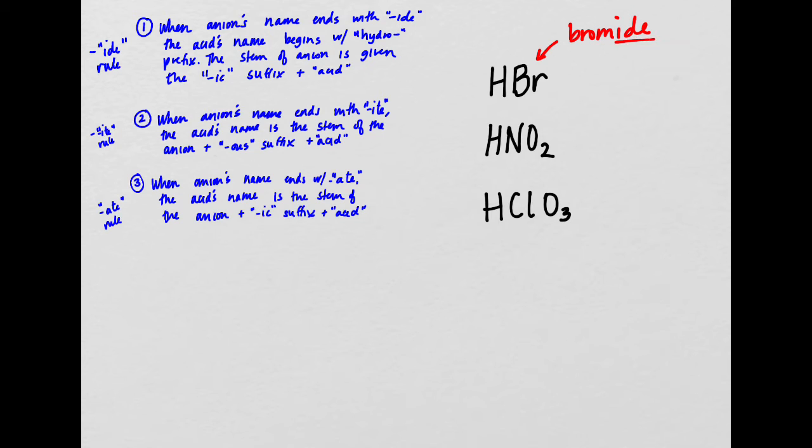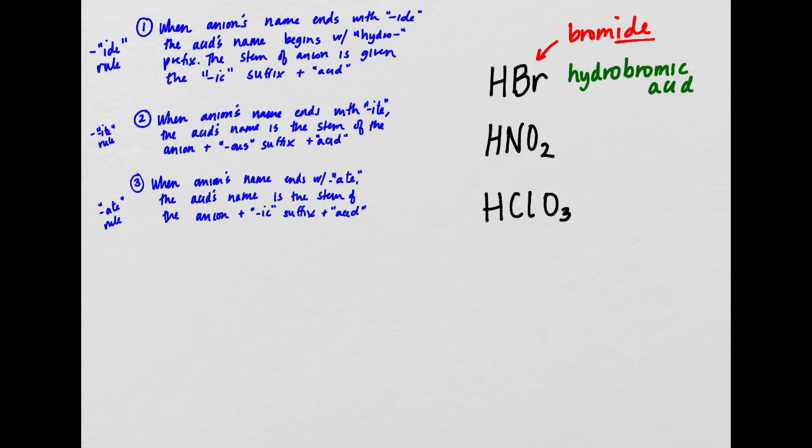So this is the IDE ending, and we're going to follow the first rule, the ide rule. The acid's name begins with the hydro prefix, and the stem of the anion is given the ic suffix plus acid. So we have hydrobromic acid. That's the name of this one.